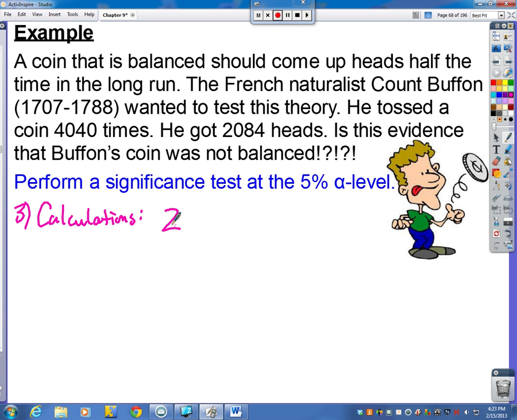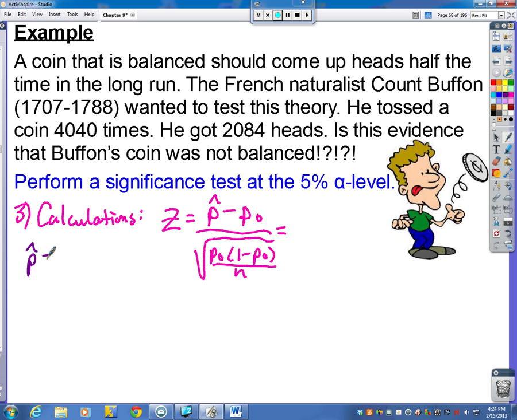So here's where I'm going to calculate my z statistic. And I'm going to use my formula, p hat minus p sub naught, over the square root of p sub naught times 1 minus p sub naught, all over n. Now keep in mind, all of this fraction is underneath the square root in the denominator. Now our p hat, this is what we saw from our sample. And our sample was our 2,084 heads out of the 4,040. Now if you want to leave it as this fraction, that's perfectly fine.